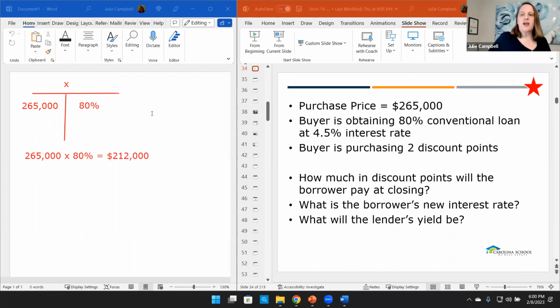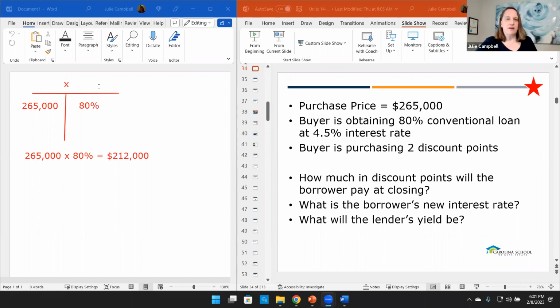So the first question says, how much in discount points will the borrower pay at closing? If they're getting 2 discount points, 2 discount points is equal to 2% of the loan. The number of discount points is the percentage of the loan. And what does the word of mean? When I say of the loan, what are we going to do? We're going to multiply.